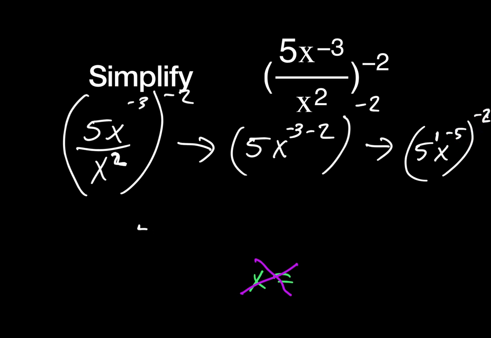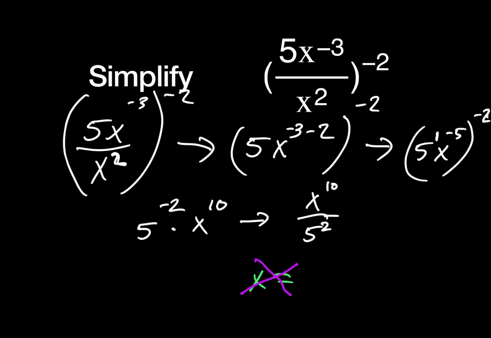So 5 to the negative 2 because it's 1 times negative 2, times x to the, now it's positive 10, negative 5 times negative 2. Last step, x to the 10th over 5 squared.